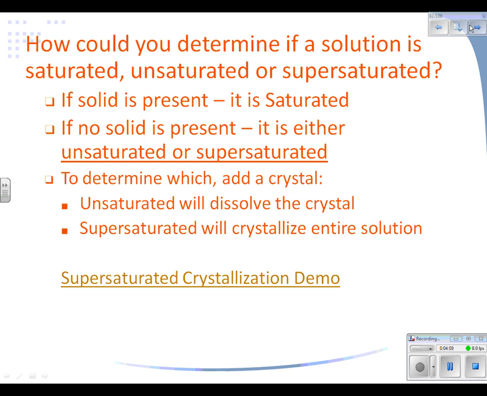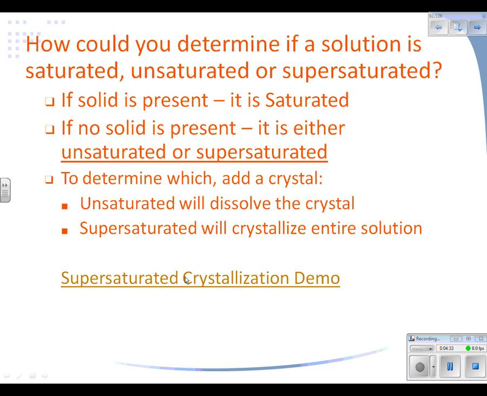To determine which of these it is, you're going to add a crystal. If you add a crystal, the unsaturated solution will dissolve that crystal. But the supersaturated solution will crystallize and the entire solution will become solid instead.